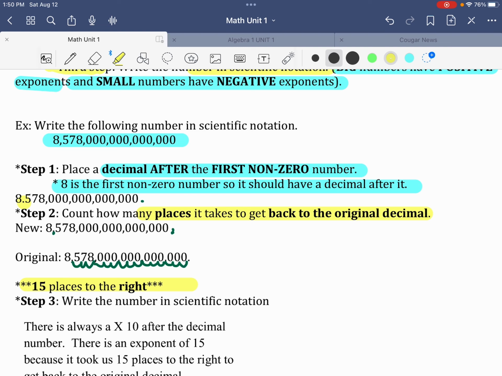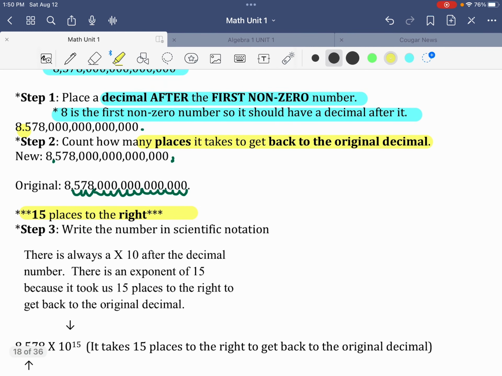Now that we know how far we had to move the decimal, and we've placed it after the first non-zero number, which was the 8, we're going to rewrite that in scientific notation. When you're writing scientific notation, there's always a times 10 after the decimal number.